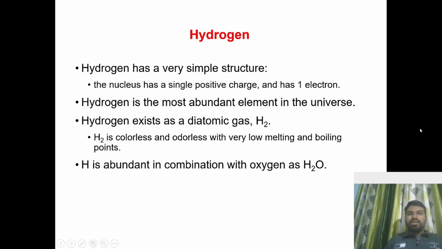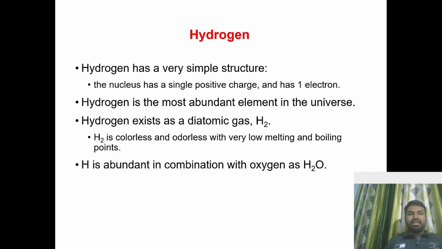Now, hydrogen is the first element in our periodic table. Hydrogen has a very simple structure. The nucleus has a single positive charge and has one electron. Hydrogen is the most abundant element in the universe. Hydrogen exists as a diatomic gas, H2.